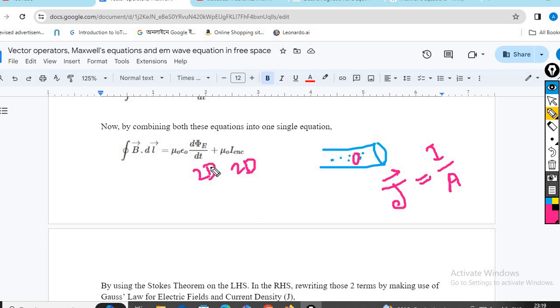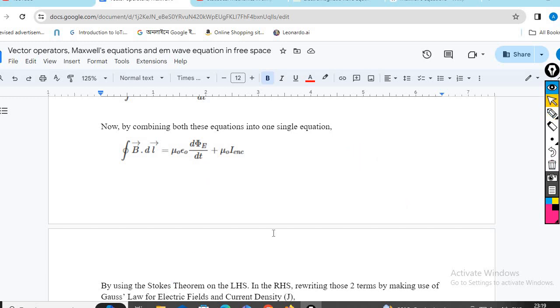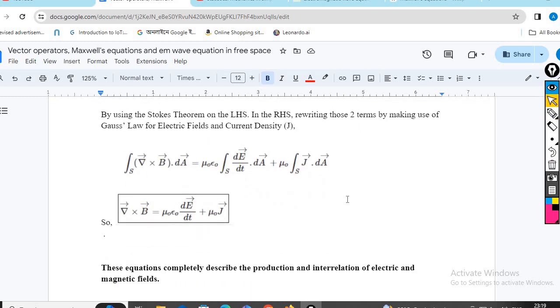Now on the left hand side you have a 1D integral. What can we do? We can convert the 1D integral into a 2D integral. How are we going to do that? By using Stokes' theorem. So on the left hand side you have the curl as a surface integral, and on the right hand side you have both surface integrals, or 2D integrals.